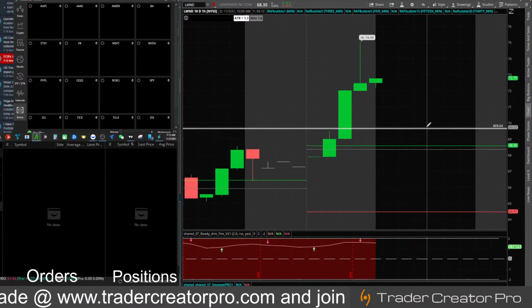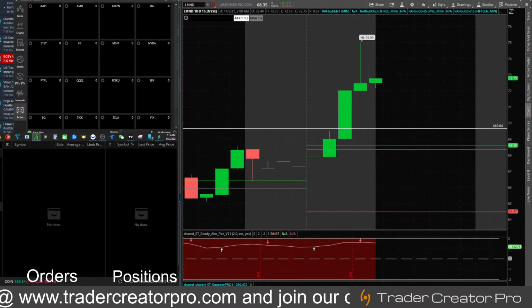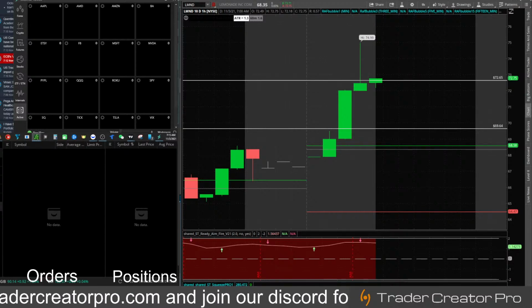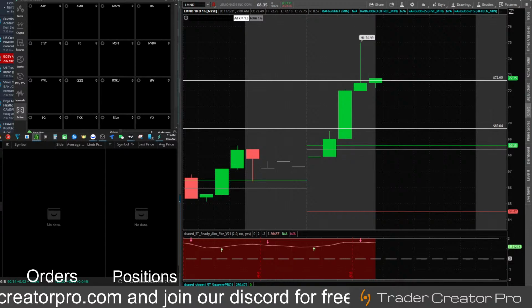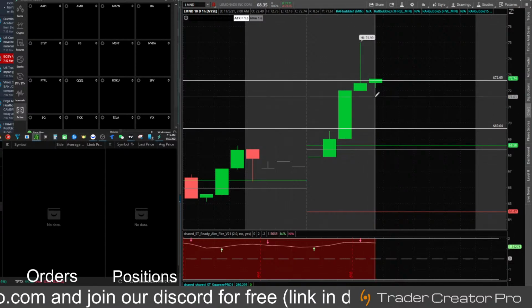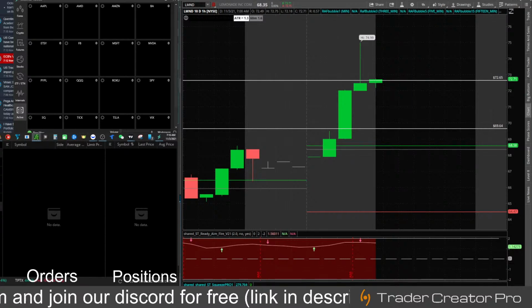We're starting to break out of this level. This 72 level is somewhat significant, but this is definitely a kicking pattern as well with a high short interest. This is definitely something I'm watching today.